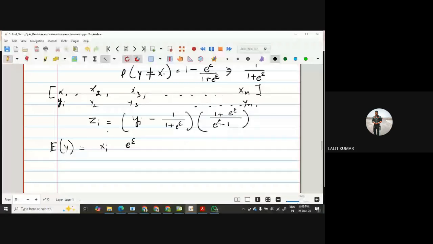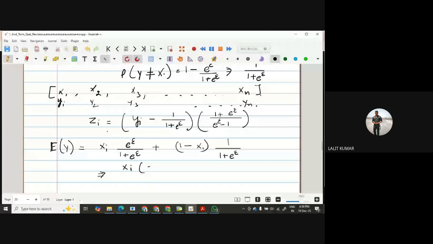Now remember, before coming to expected of z, the expected value of y will become xi into e to power epsilon over 1 plus e to power epsilon, plus 1 minus xi into 1 over 1 plus e to power epsilon.